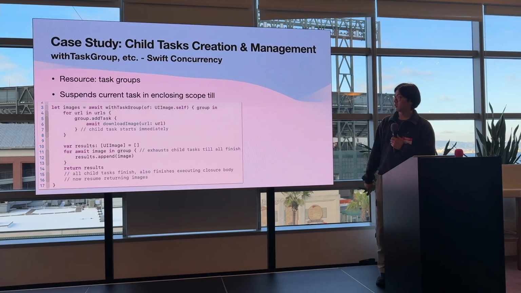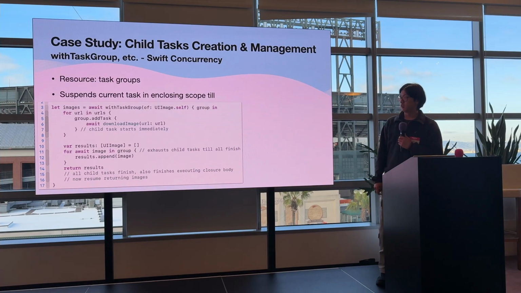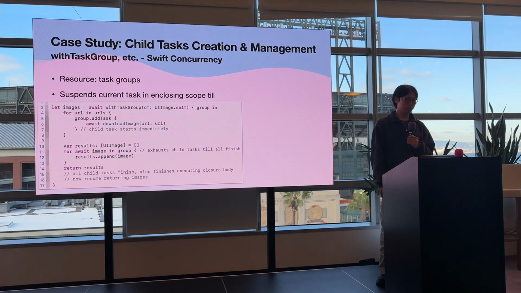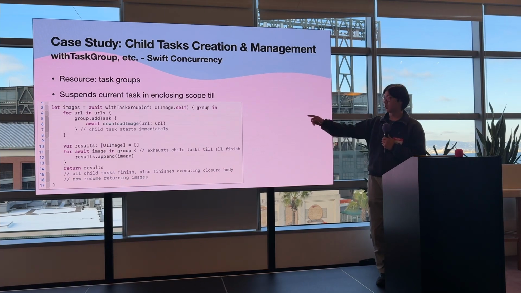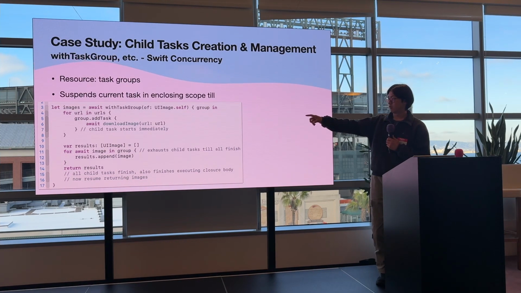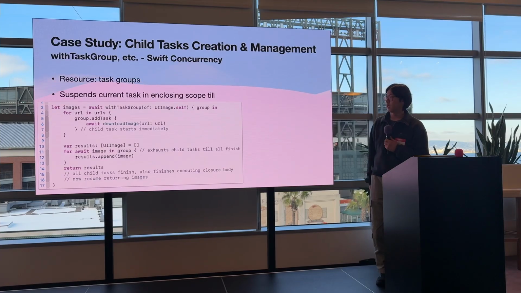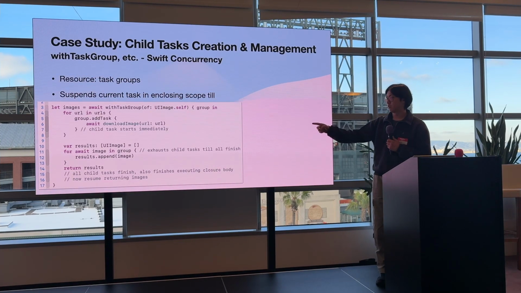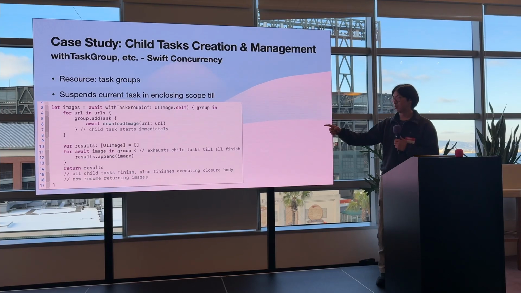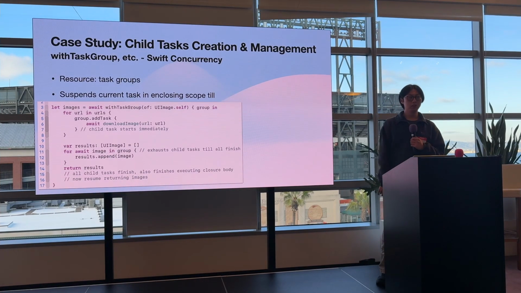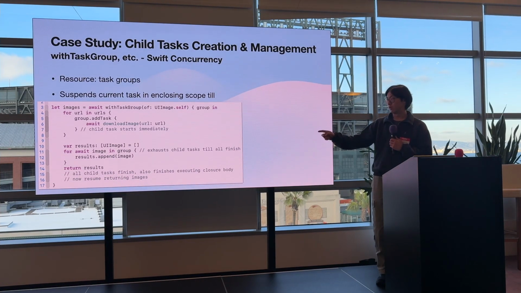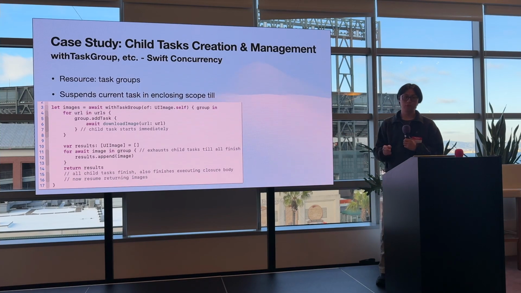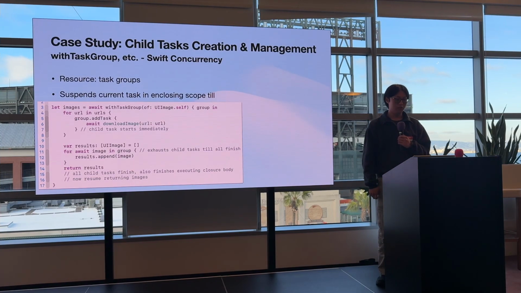This is an example to download a list of images from a list of URLs. First you spin up a group of child tasks by iterating over the URLs and adding them as child tasks, and the child tasks will start immediately. And then you use a for await loop to loop over the group to wait for the results of the child tasks.